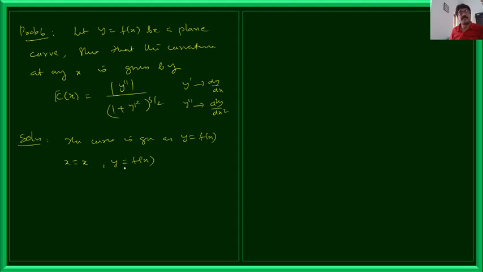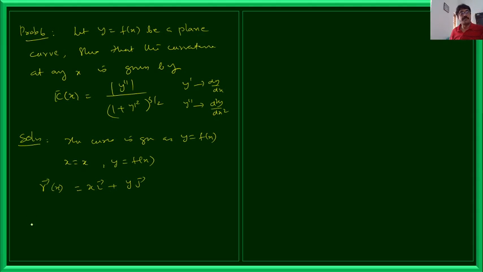Instead of x equal to x of t, y is equal to y of t, you can write this as x is equal to x and y is equal to f of x. Therefore, the vector function corresponding to this, r of x, where x is the parameter, is r of x is equal to x i plus y j, where y is f of x.